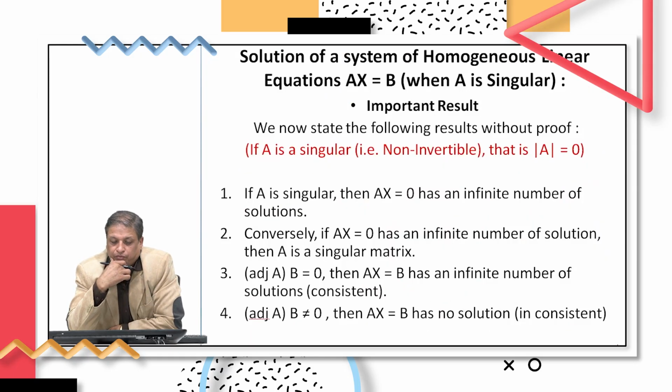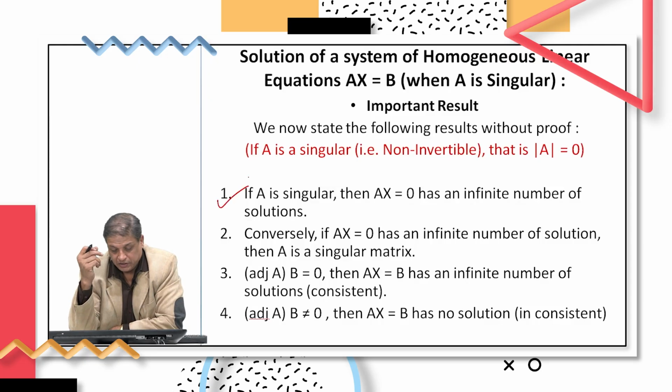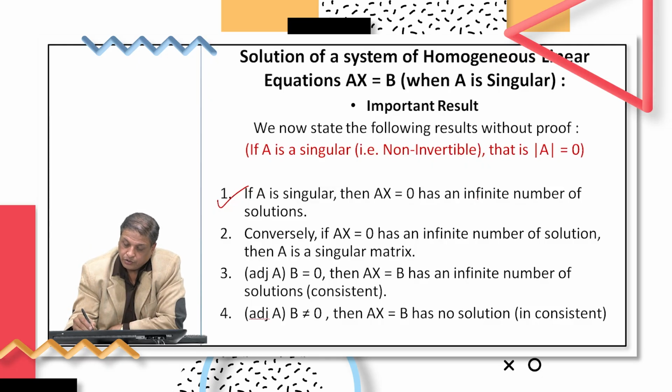There are some important results concerned with the solution of a system of homogeneous linear equations, where Ax is equal to b and b is equal to 0. The first important observation is, if A is singular, singular means non-invertible, then Ax is equal to 0 has an infinite number of solutions. Why an infinite number of solutions? Because the determinant of A is equal to 0, and A inverse is equal to adjoint of A upon determinant of A. So if determinant A is equal to 0, then there are infinite solutions.